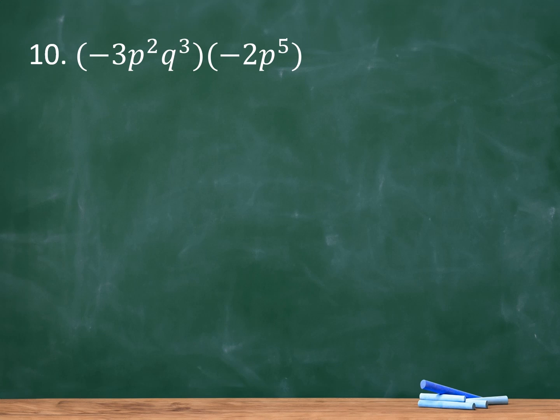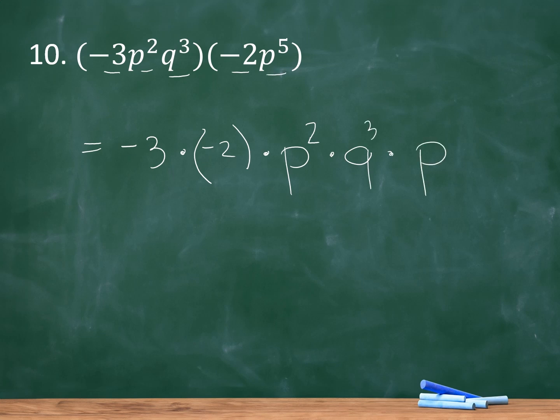To multiply this, we multiply first our numerical coefficients, negative 3 times negative 2, and then we multiply our variables, p squared times q cubed times p to the power of 5. So let's multiply, negative 3 times negative 2 is positive 6.